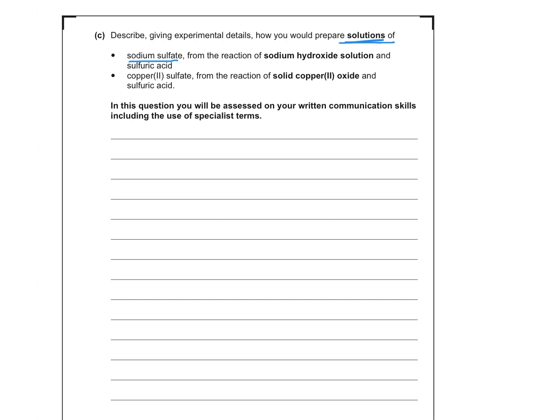Well, we'll need a set volume of sulfuric acid. For these types of reactions with acids and alkalis, we tend to use around 25 cubic centimetres. So that would be a sensible volume to use. And I'm going to put that into some sort of container, like a beaker or a conical flask.